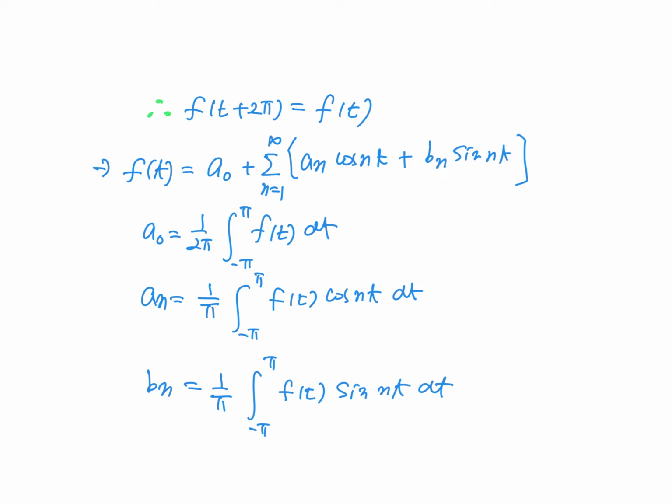But period of 2 pi is very restricted, right? So we have a very good formulation. We have a nice formulation, right? I can say that. But what would be the problem for this formulation? Because we are going to assume that period is 2 pi. It's very restricted, right?